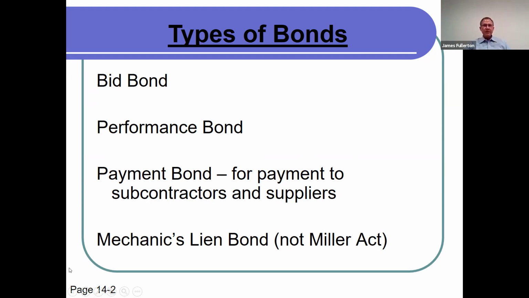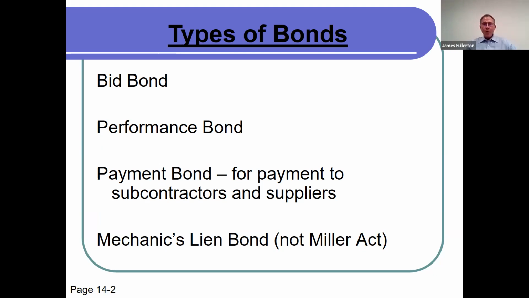There is another type of bond, a mechanics lien bond. If you remember from the mechanics lien lecture, if you file a mechanics lien on a piece of property, one thing that might happen is that the owner or the general contractor obtains a bond from an insurance company so that the court will agree to remove your mechanics lien from the land records.